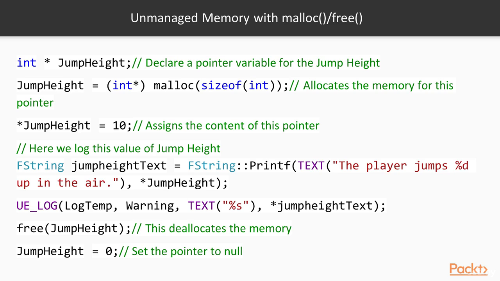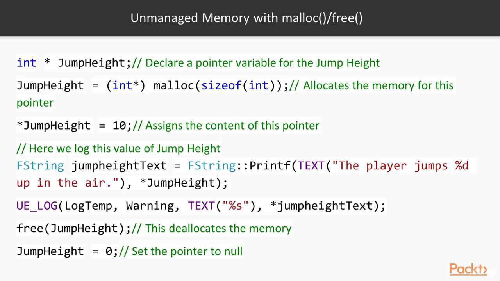Once you're done with your pointer, you have to deallocate it. At the second to last line here, I'm done with jump height and I don't need to use it anymore, so I'm going to call the free function on it, and it deallocates the memory for me. As an extra cautionary step, I'm also going to assign the value 0, which is the null pointer, to jump height.